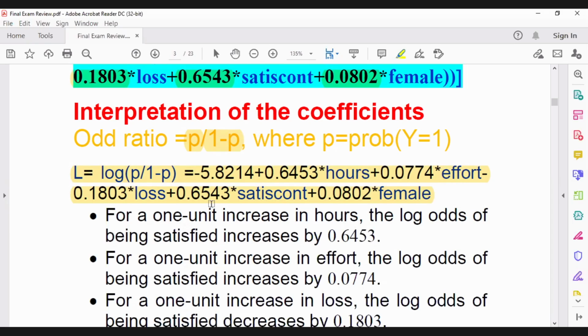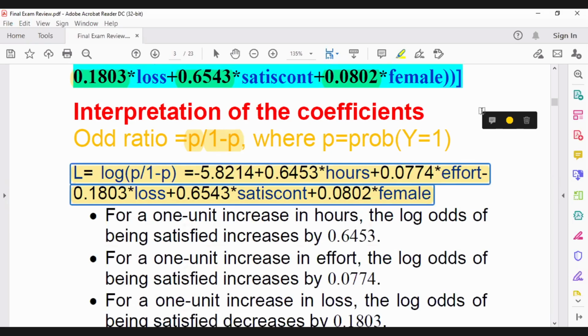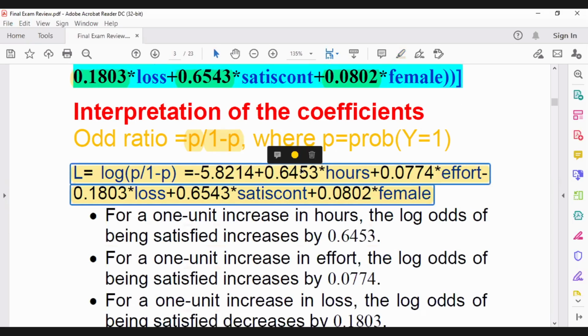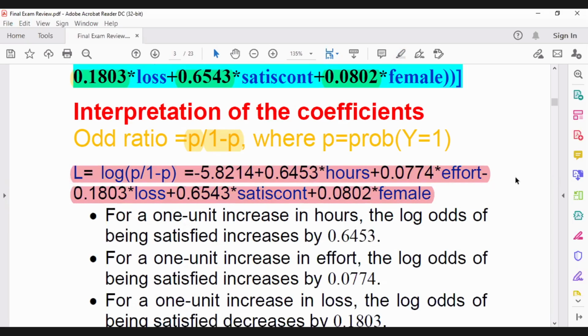Interpretation: for a 1 unit increase in hours, so this is the coefficient of hours, the log odds of being satisfied increases by 0.6453.